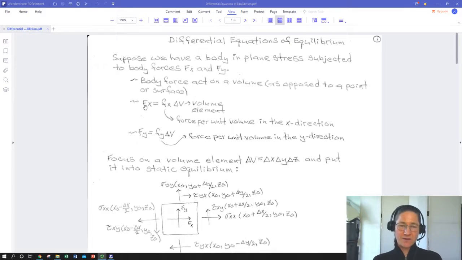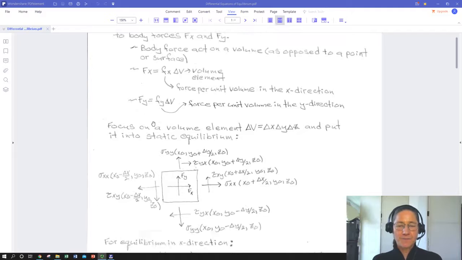So big F is the force on the body due to body forces, not due to stresses acting on faces. It is the per volume force times the volume, and likewise for the y direction.